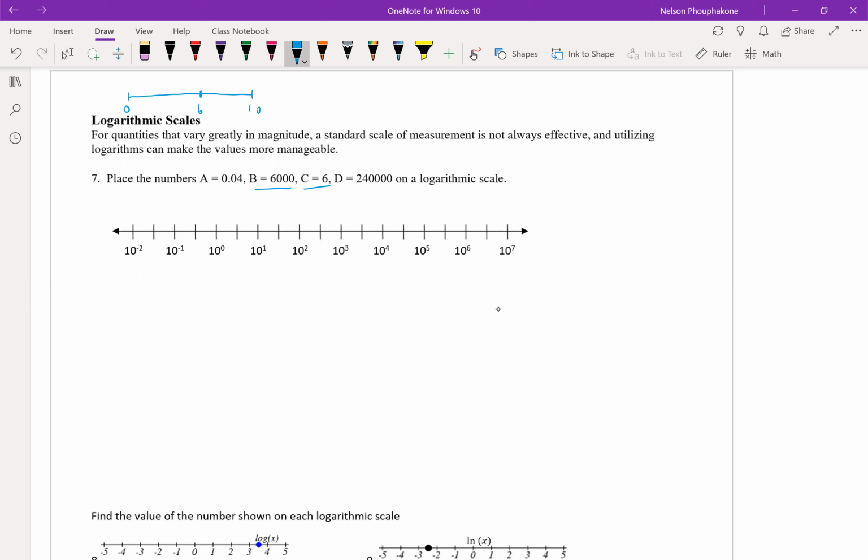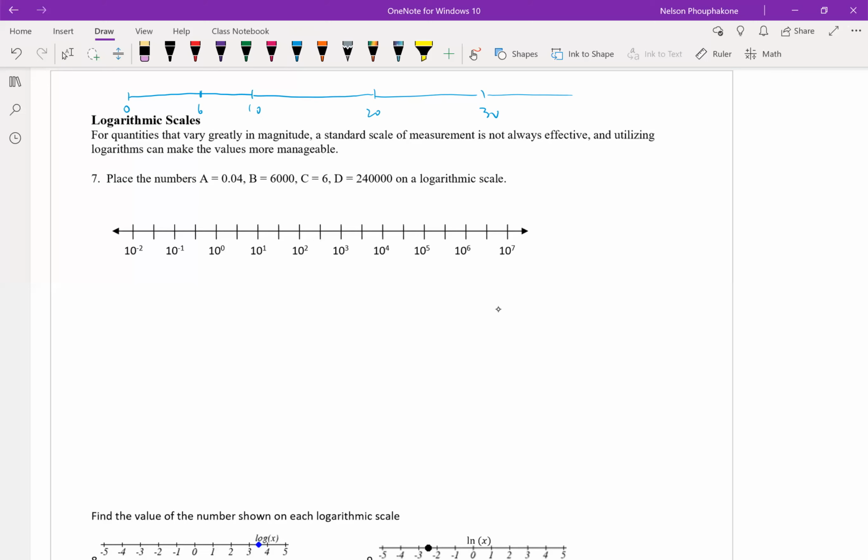But if I extend this to 20, 30, imagine how far you have to go to get to 6,000. So it seems impossible to show 6 and 6,000 on the same scale, right? In this case, a logarithmic scale makes it a lot easier.